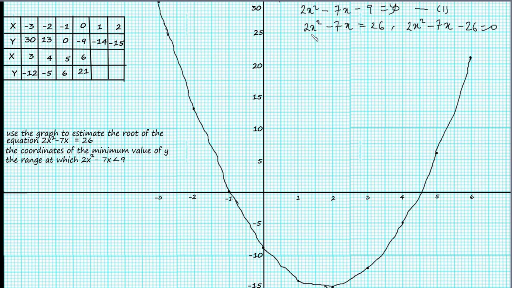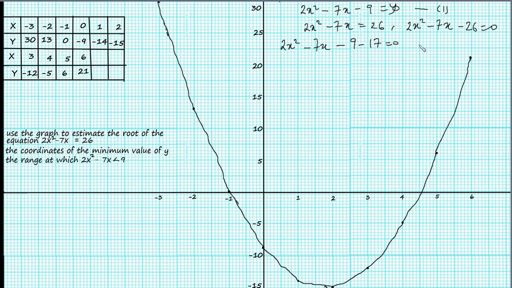So what do you do to 26 to have minus 9? You add 17 to it. So you now say 2x squared minus 7x minus 9 minus 17 is equal to 0. It's still the same thing, because minus 9 minus 17 is minus 26.